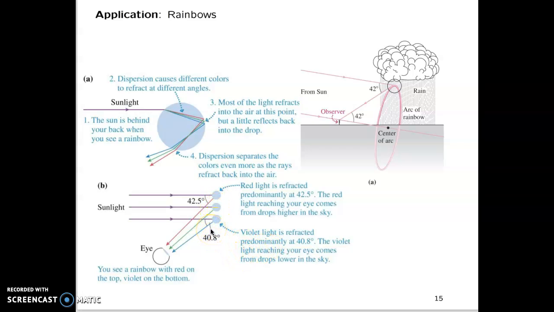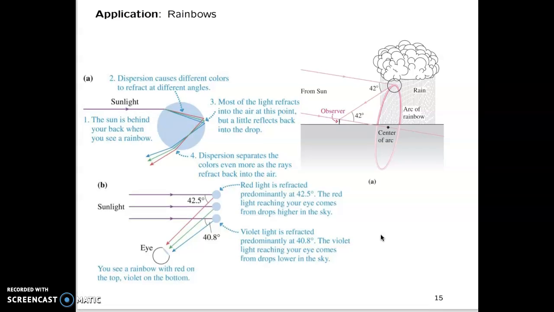Why blue light, and then the other colors, including green, and then eventually red light at the top of the rainbow. Okay? So this is a really nice application of dispersion. I always include some kind of question on the final exam that tests your understanding of the physical origin of rainbows, and I will certainly do that on the final exam this year as well.